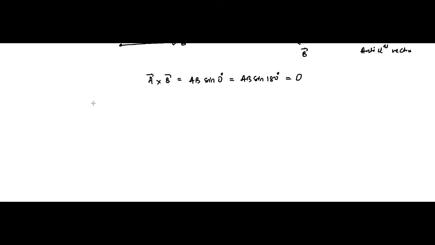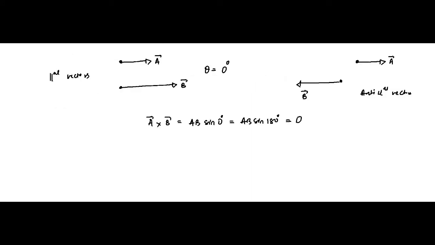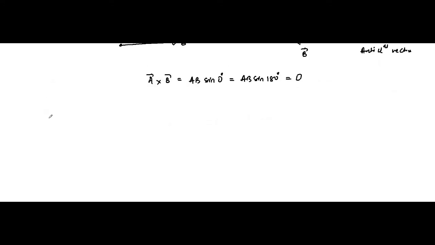Fourth property. Now suppose we try to find the cross product of a vector with itself. So what is the definition of cross product? If there are two vectors A and B, it is AB sine theta, where theta is the angle between the two vectors.